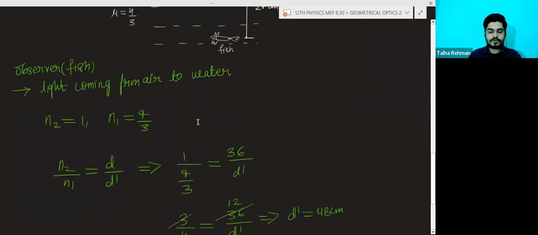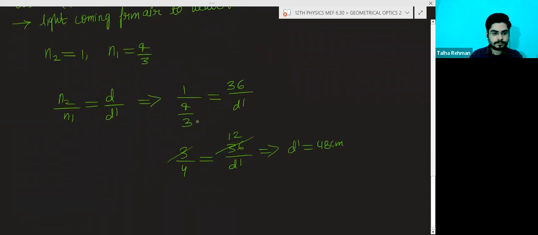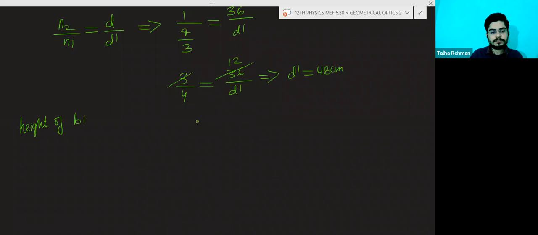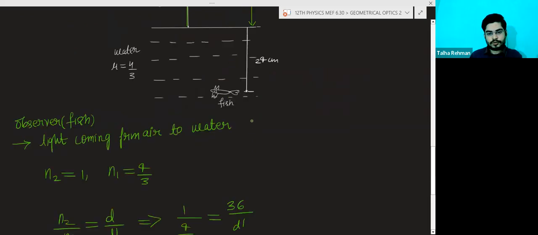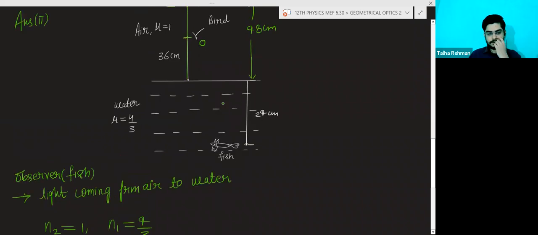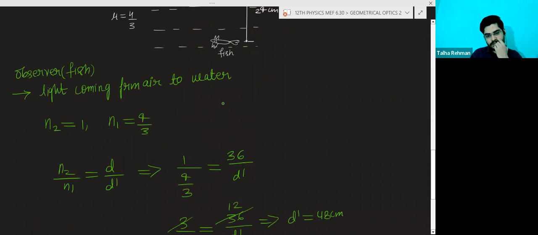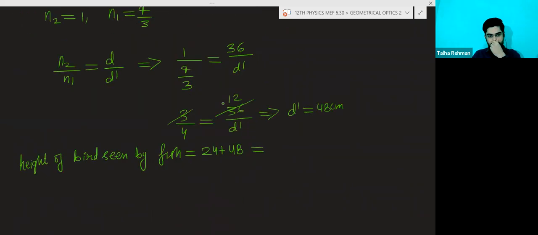So the height of the bird seen by fish is equal to 24 plus 48. That is 72 centimeter.